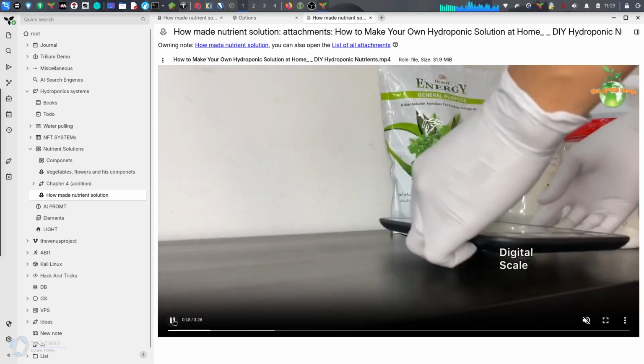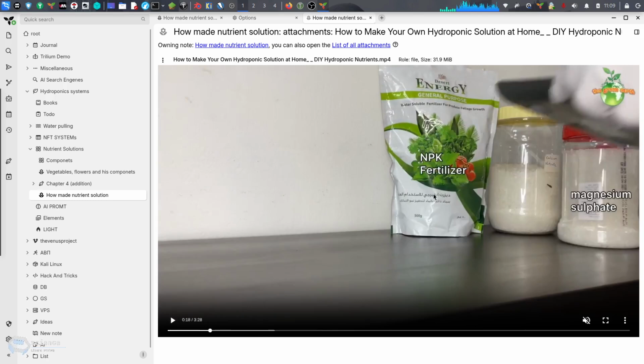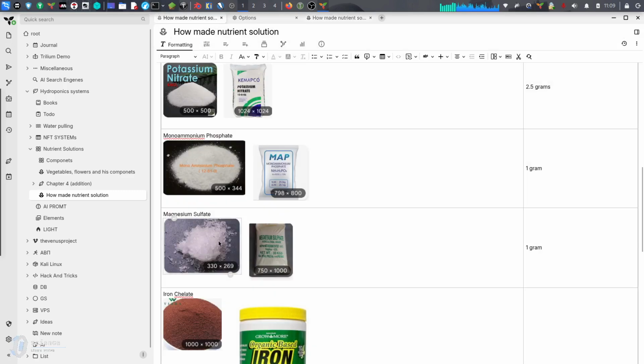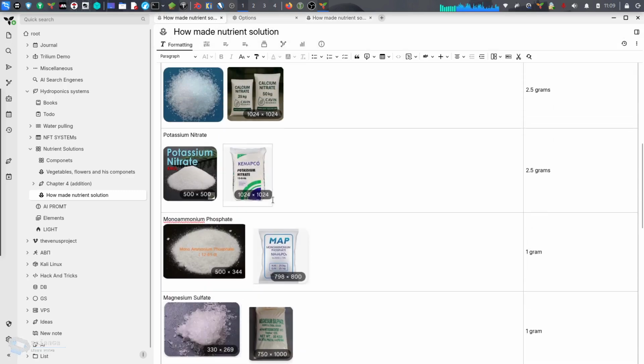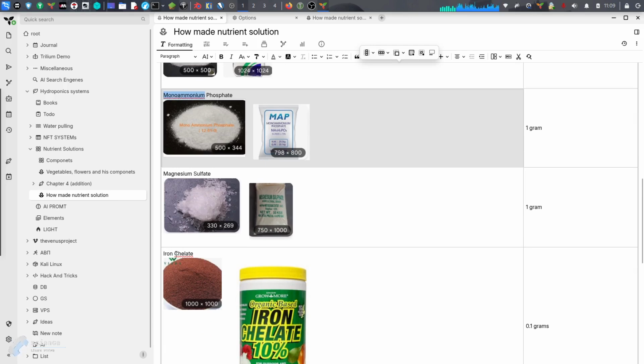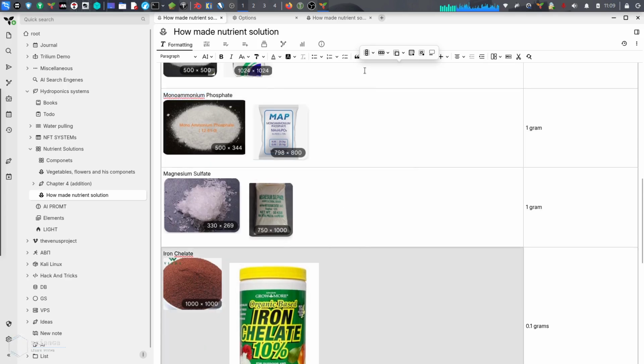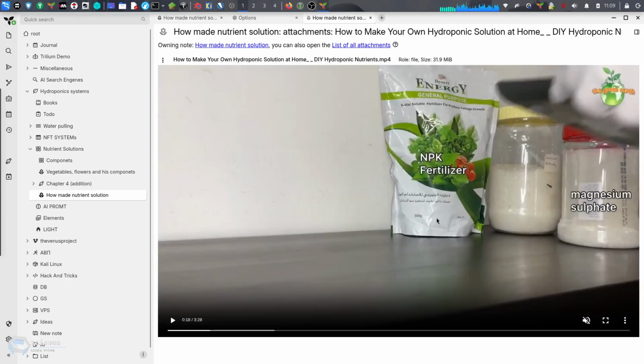And he used NPK fertilizer. I don't know what NPK means, but fertilizer means this combination of potassium and ammonium iron chelate in one packet.